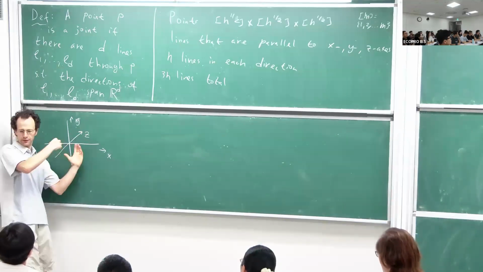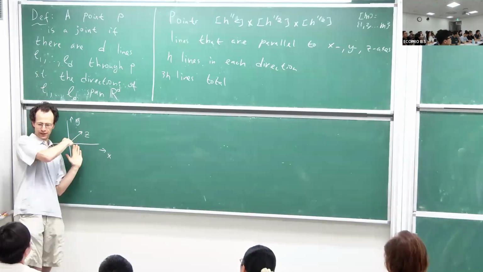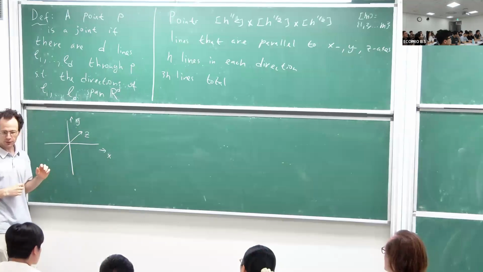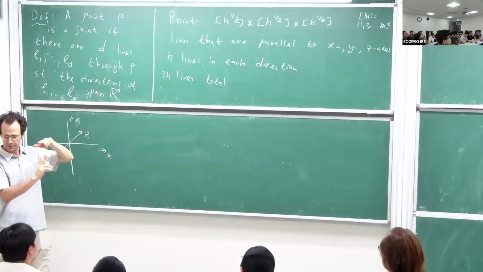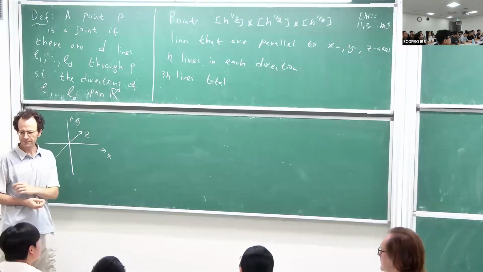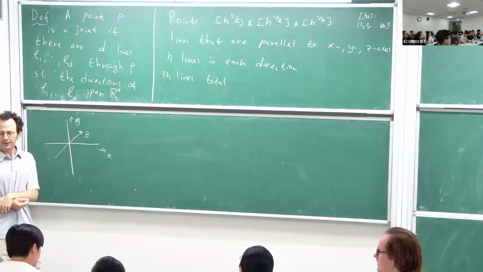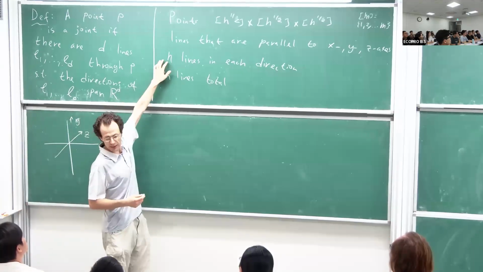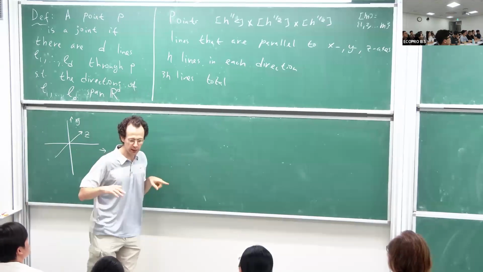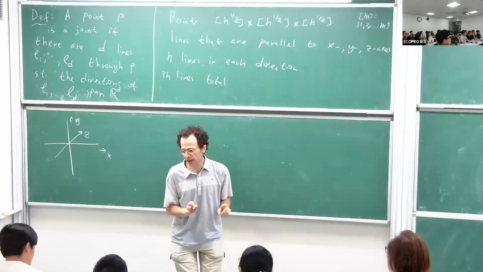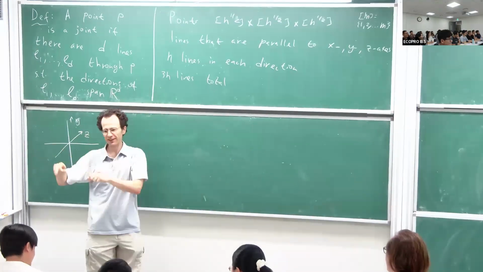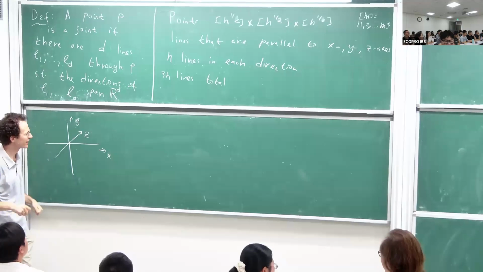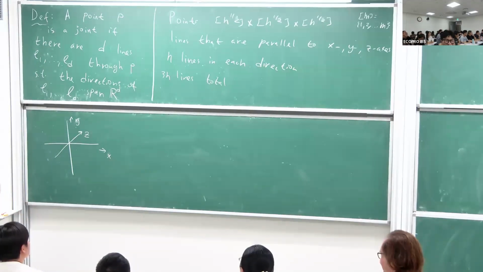So for every point of this grid, it's a square root of n times square root of n parallel lines. So in total, we'll get n lines going up, n lines going left, and n lines going in the third direction.